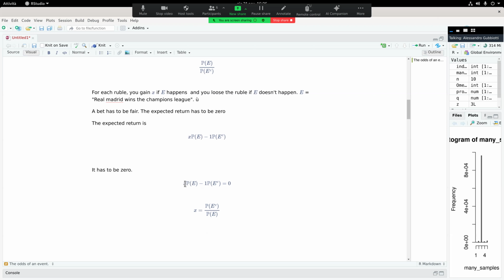The number you see in the bets is not this number x. It is x plus 1, because the one ruble you put in should also be returned when you win.